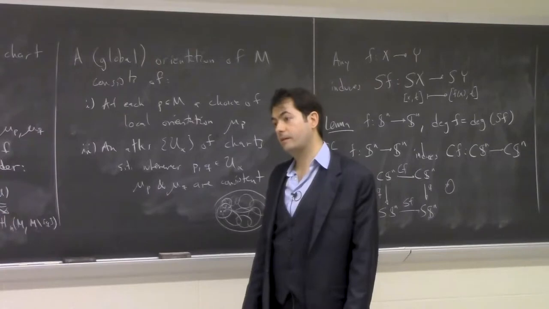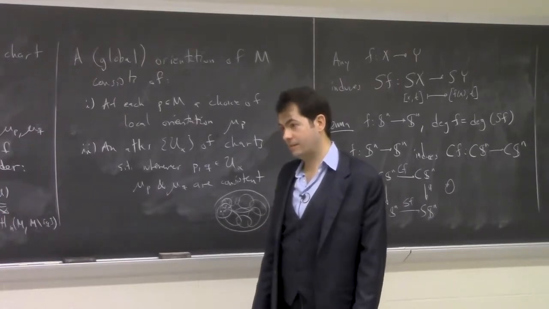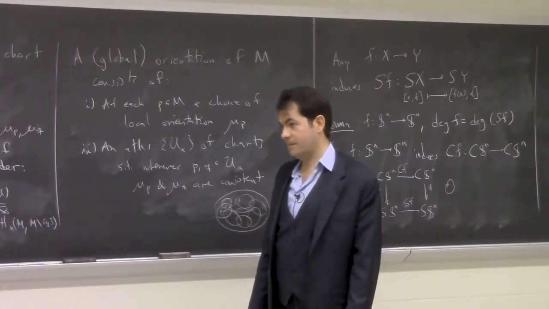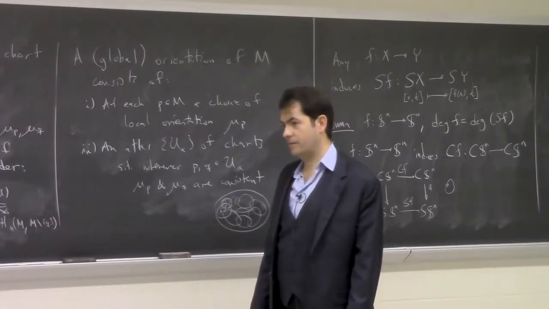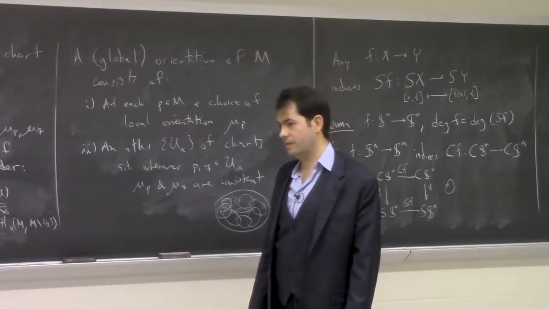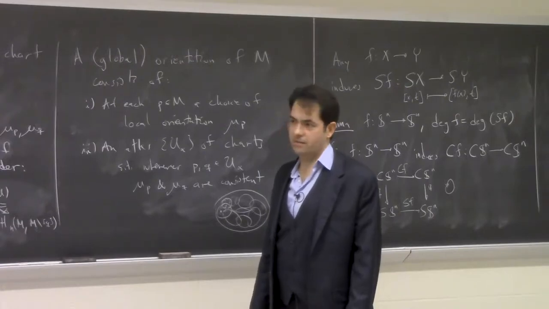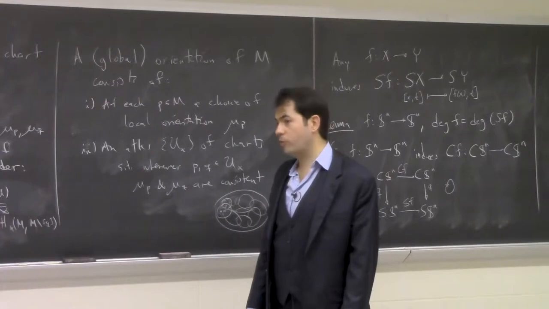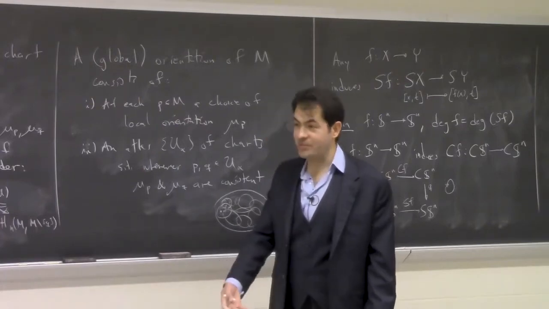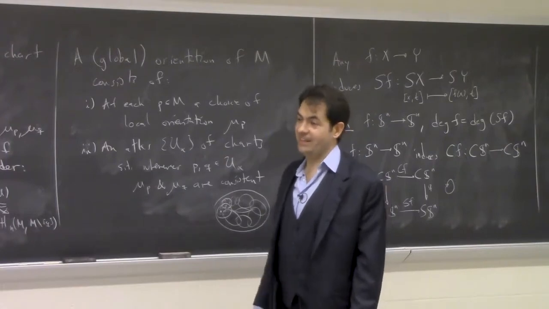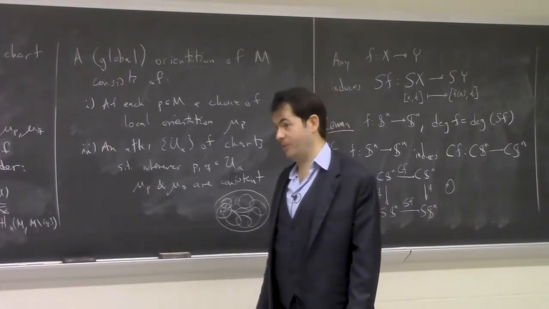I see why, if you tried to pick these local orientations, it wouldn't work, but how would you show that you can't? Well, that's why I leave it as an exercise, because I think you'll get useful intuition from trying to show it. But if you have problems with it, let me know.